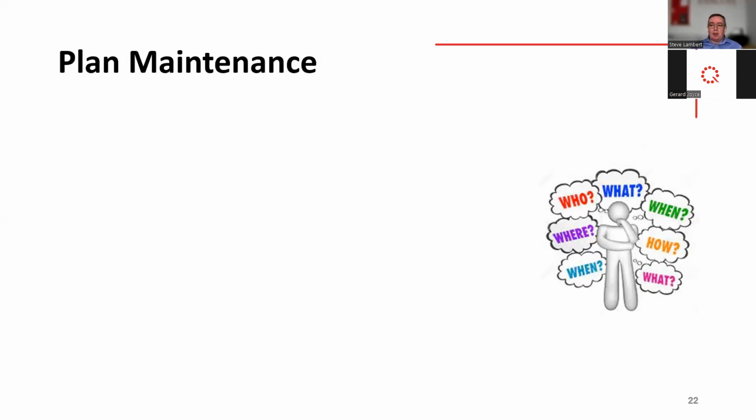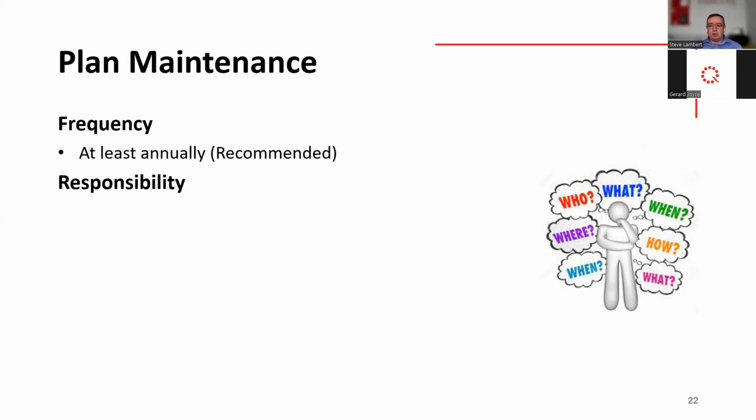In terms of plan maintenance, certainly we would suggest that the frequency needs to be at least annually, maybe a bit more regular in terms of the contact details in those plans, just to make sure that when you pull that plan off the shelf, it is fit for purpose and ready for use.